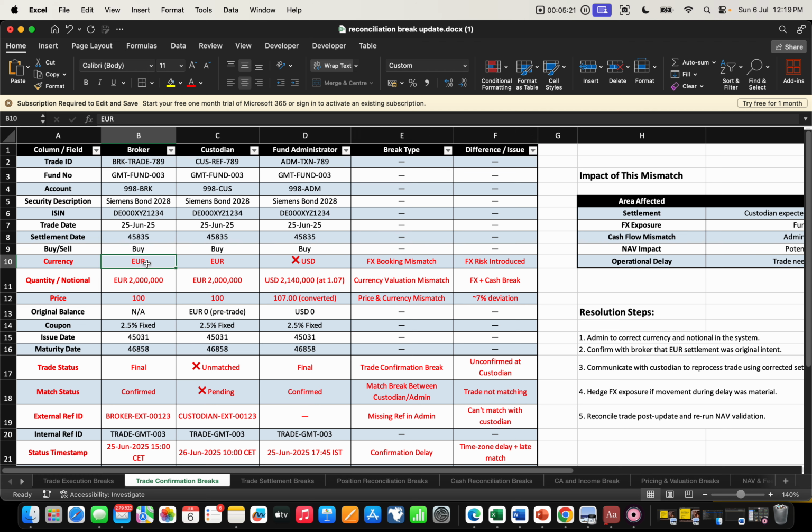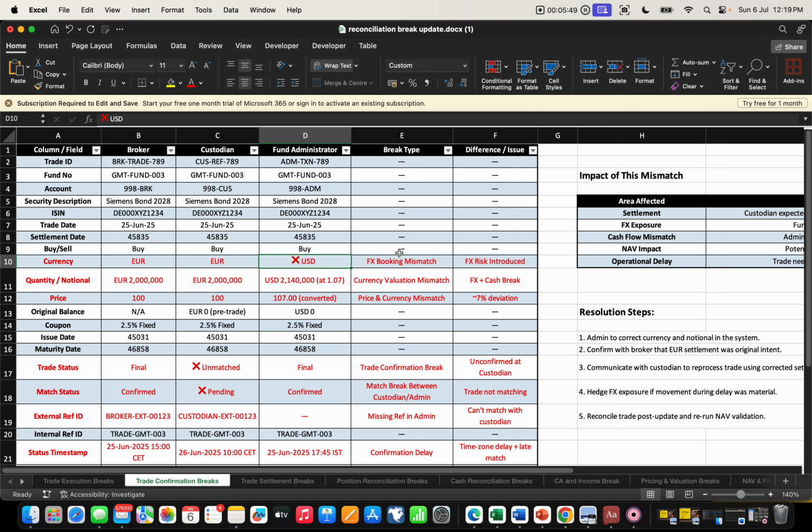Here broker and custodian match on currency, but the fund administration is reflecting USD. This comes under a controllable break, because the administration part you are handling, like in Geneva. You can change it to euro currency because you have valid documentation from the broker, who sent it in euro, so you can fix this issue the same day.